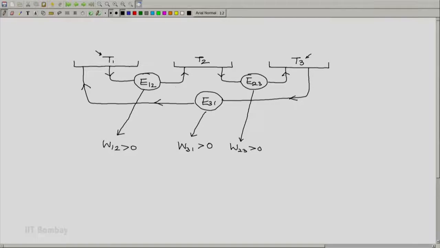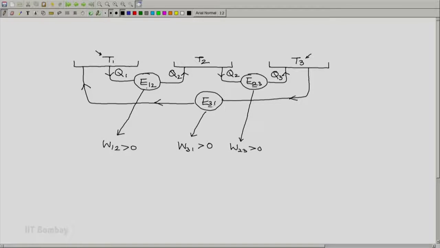Now let us rename the interactions. Let us say that the first engine E12 absorbs heat Q1 from the reservoir at T1. Let it reject Q2 to the reservoir at T2. Let us adjust this engine E23 in such a way that it now absorbs Q2 from the reservoir at T2 and rejects Q3 to the reservoir at T3.